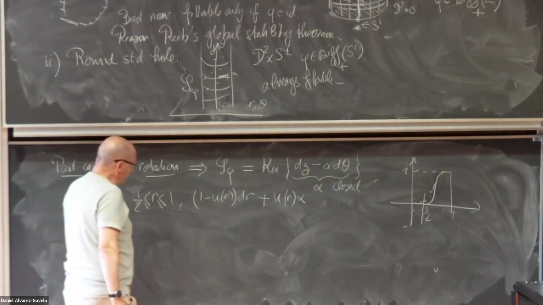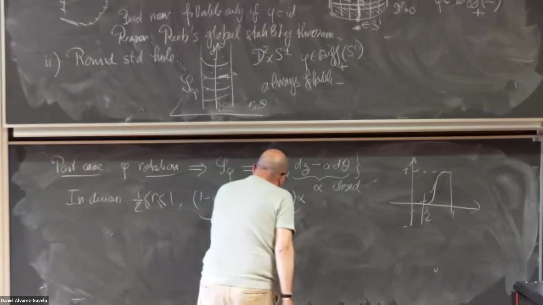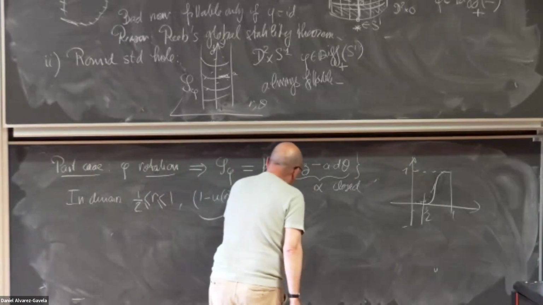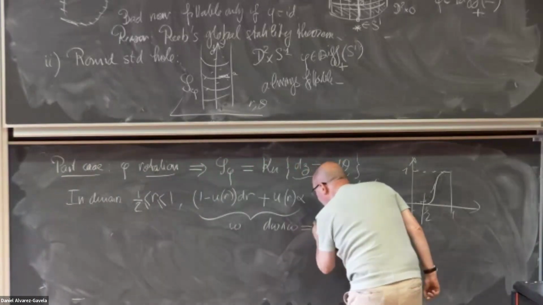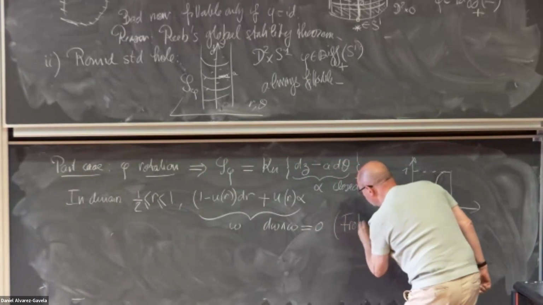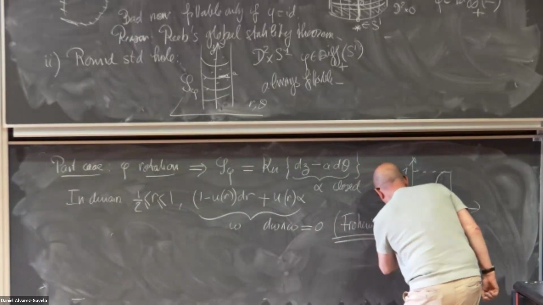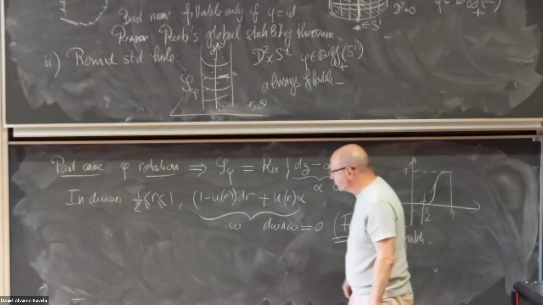So this form omega satisfies the Frobenius condition, omega wedge d omega equals 0. So it is integrable, it is non-singular.